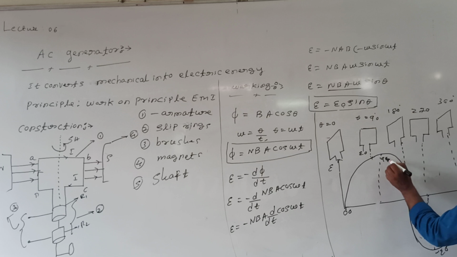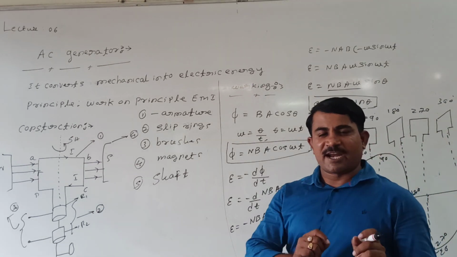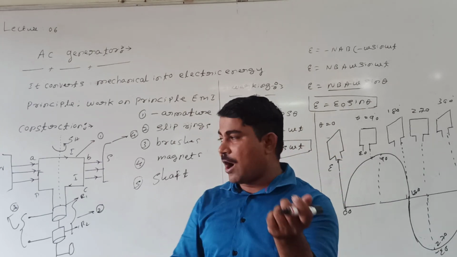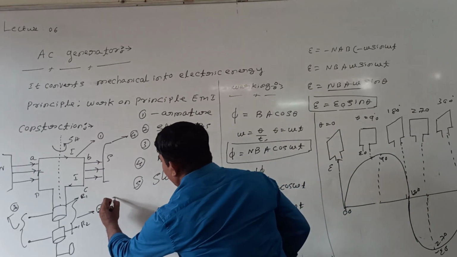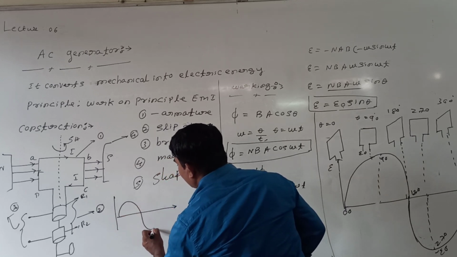This is 90 degree, this is 180, this is 270, and this is 360. I mean, when the coil rotates in a uniform magnetic field, the EMF produced is sinusoidal. How does the EMF change here? When the coil rotates in a uniform magnetic field, the EMF changes like this during one complete rotation.